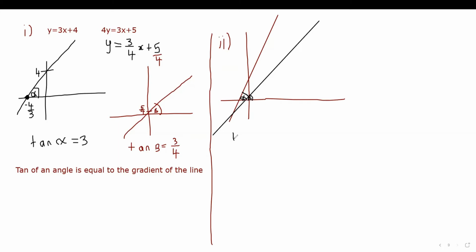So what I'm asking for is the tan of, in bracket, alpha minus beta. That's what they're asking you for. Now we're just going to use this formula. Tan alpha minus beta is the tan of alpha minus the tan of beta over 1 plus tan alpha tan beta.